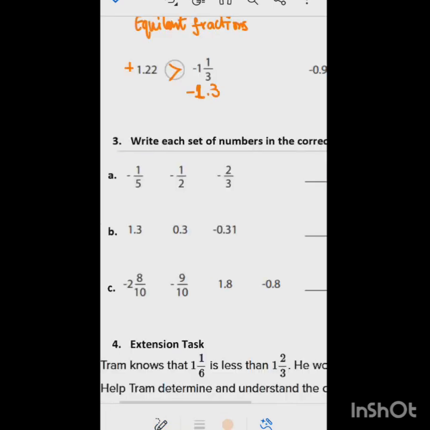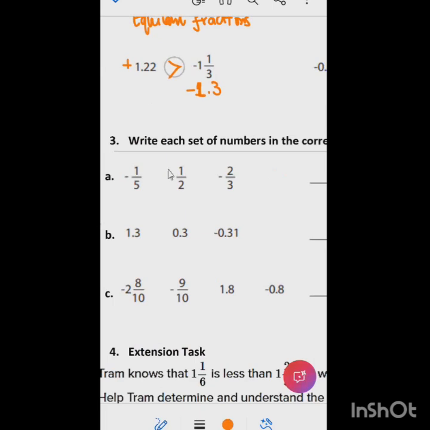So let's look at the first three fractions. Minus 1 by 5. What is the decimal value of minus 1 by 5? Ma'am, minus 0.2. Very good. So minus 1 by 2?